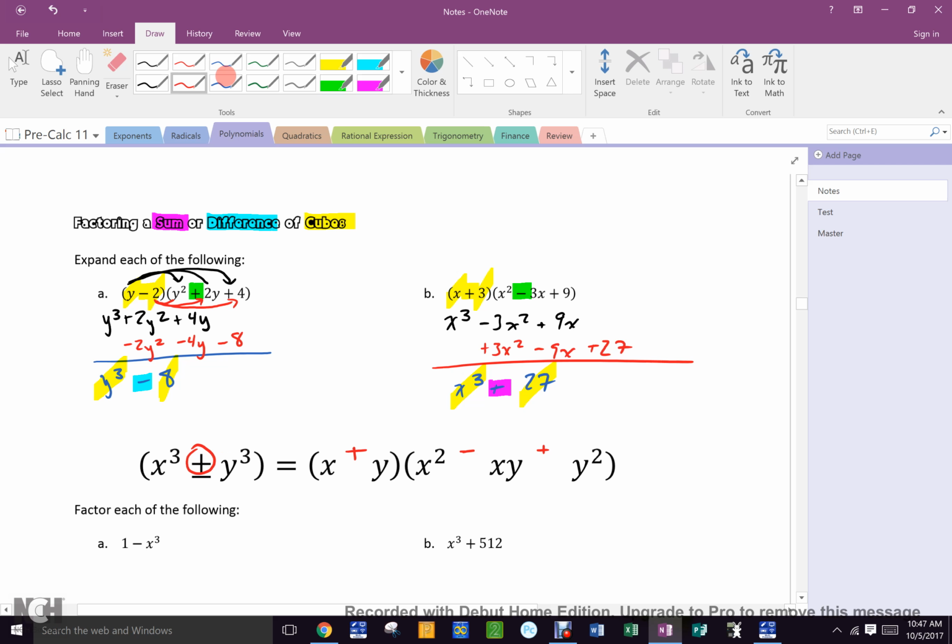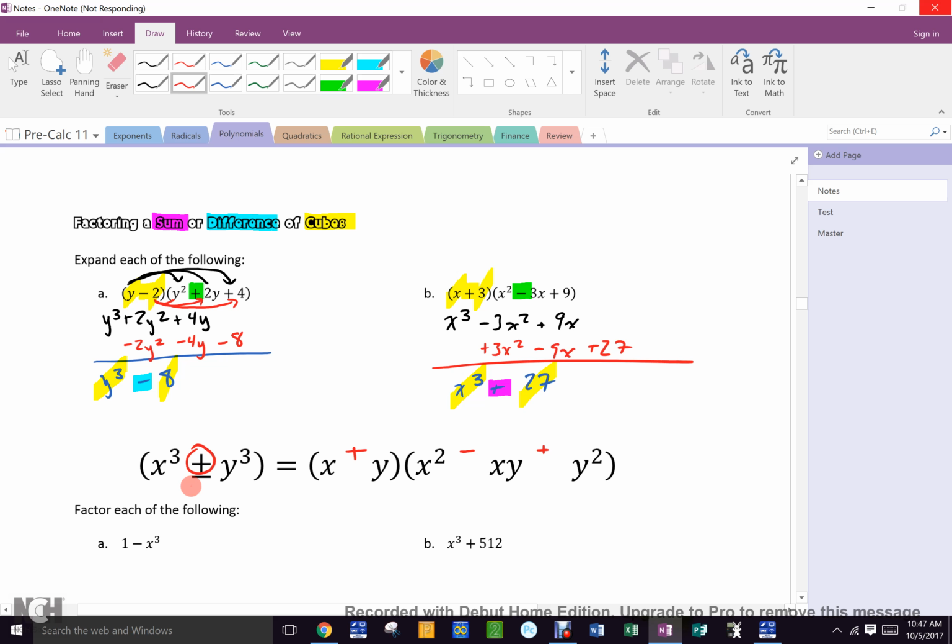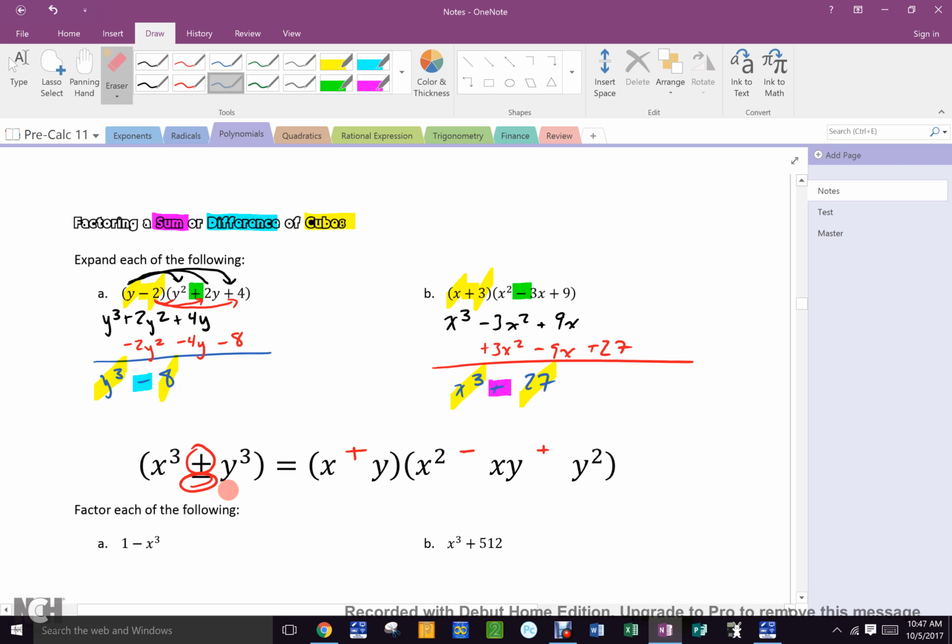Plus. If my sign out here is negative, which I will circle in blue as soon as my computer thaws, then it is minus, and what goes here? Plus and plus.